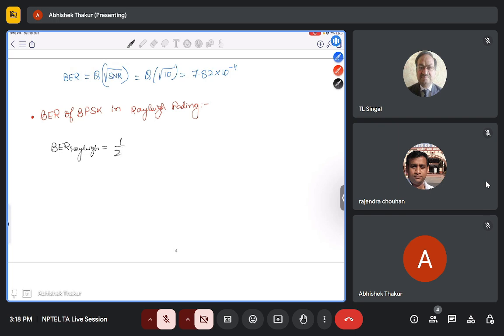This is given as half into 1 minus square root of SNR by 2 plus SNR. So this is already proved in the class.